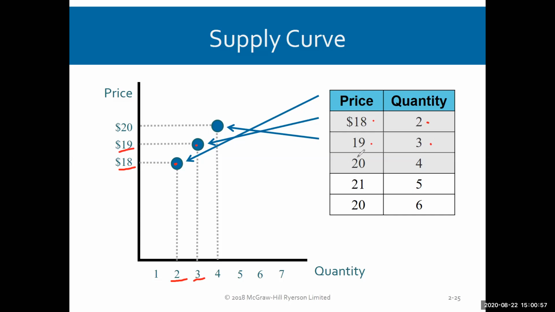If the price happened to be 20, Bobby the brewer said they'd be willing to produce 4. So we plot that point, 20 and 4, and we just draw a line through it. That's our supply. So again, here's 1, 2, 3, 4, 5 quantity supplied, but just one supply. It's the relationship between those prices and quantities.